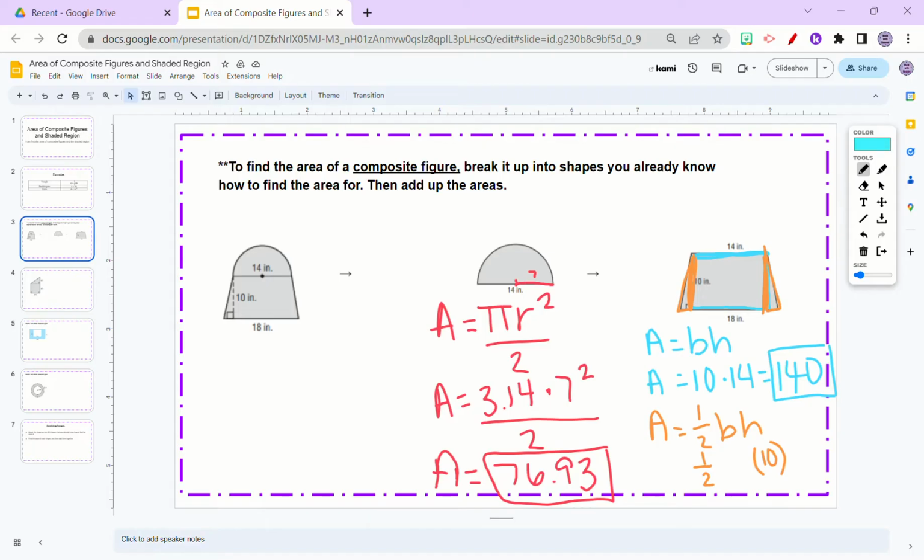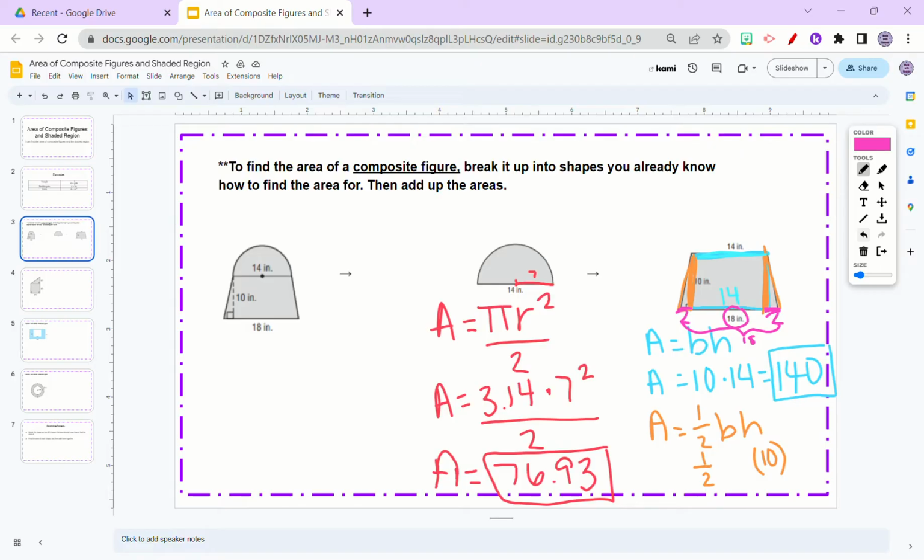This blue piece is 14 because this is 14 here. That means that this piece has to be 2 and this piece has to be 2, because in total, this whole thing has to be 18. It says that right here. So 18 is this entire line, but we only care about these 2, the bottoms of the triangles, the bases of the triangles.